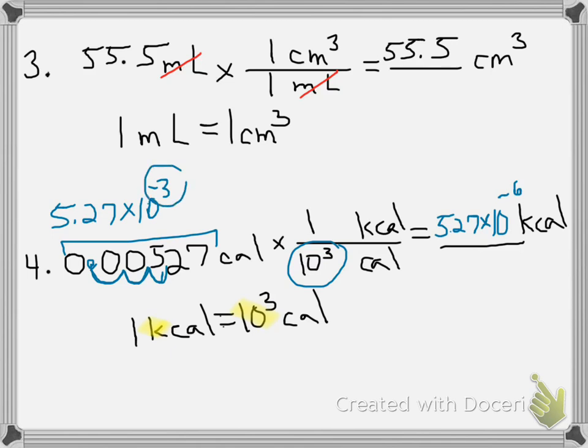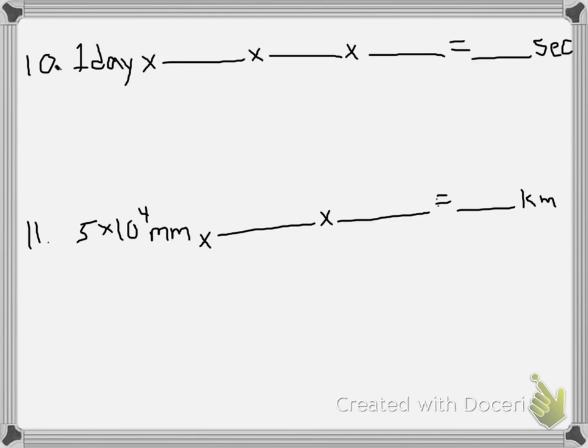And so now I have negative 3 minus 3, which gives me negative 6. So my new exponent is negative 6. Okay, so go ahead and complete numbers 5 through 9, and when you're ready, come back for number 10.